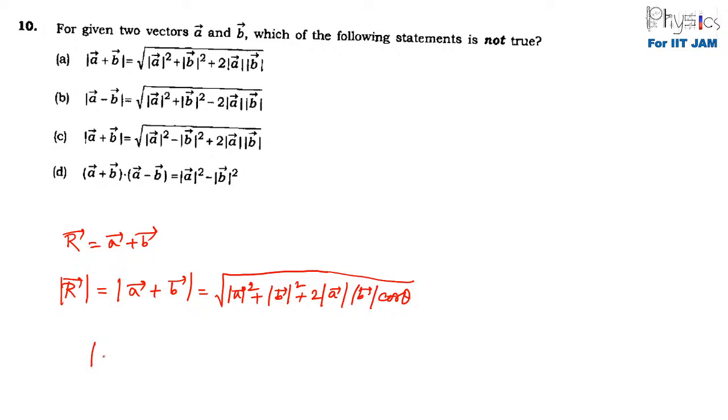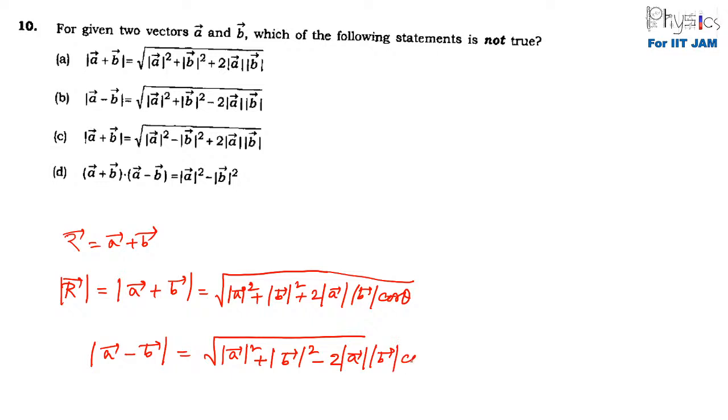And similarly, for subtraction of two vectors, a vector minus b vector equal root over mod of a vector square plus mod of b vector square minus 2 mod of a vector mod of b vector cos theta.